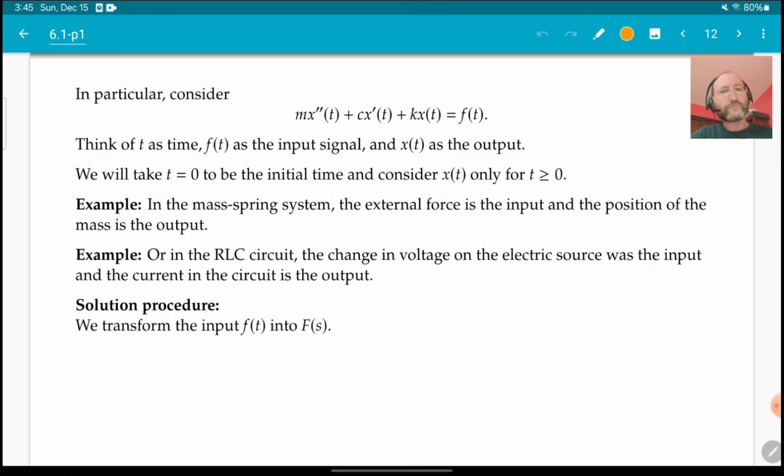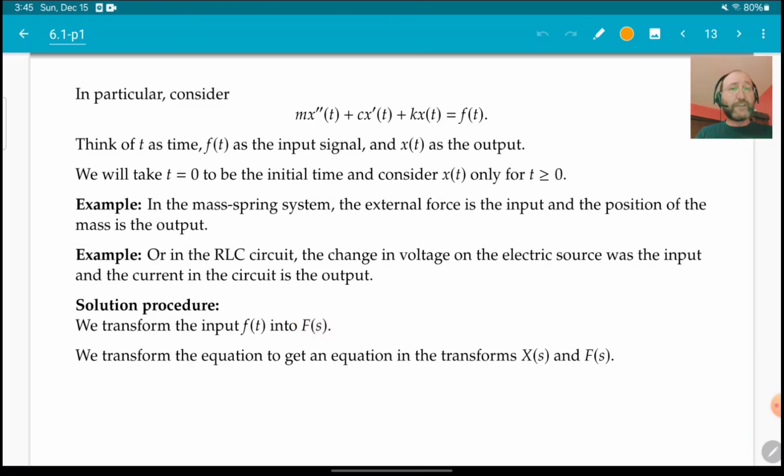All right. So what's going to be the solution procedure? I guess we outlined it in the previous diagram. Basically, we transform the input f by hitting it with the Laplace transform, and we get capital F. We do the same thing with the equation, and we get an equation in just capital X, which is the transform of little x, and capital F, which is the transform of little f.